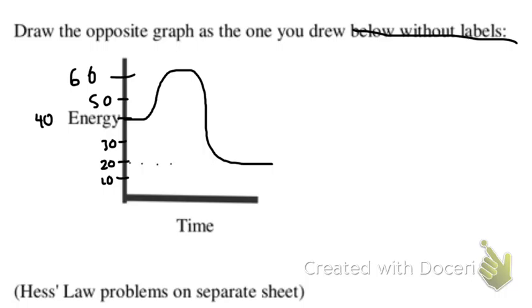So it looks like our products are at 20 kilojoules and our reactants are at 40. So this right here is my delta E, and that delta E looks like negative 20 kilojoules. If your delta E is ever negative, that means that it's an exothermic reaction.